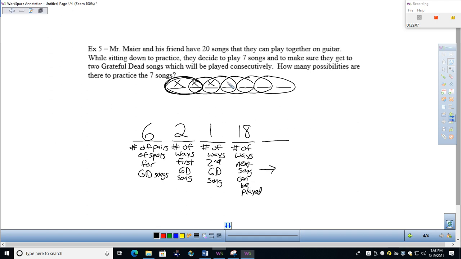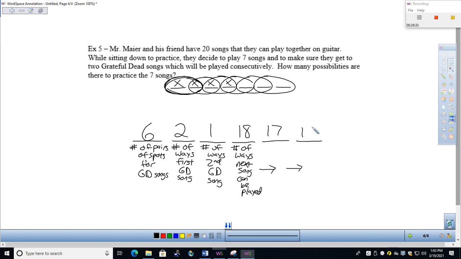So, all right, now I go to the next song. How many ways can that one be played? Well, there are 17 songs left after 3 are now out of circulation. So once I write that 17, all right, cool, that's filled in. And then I go to the next one. How many ways can I fill in that next slot?